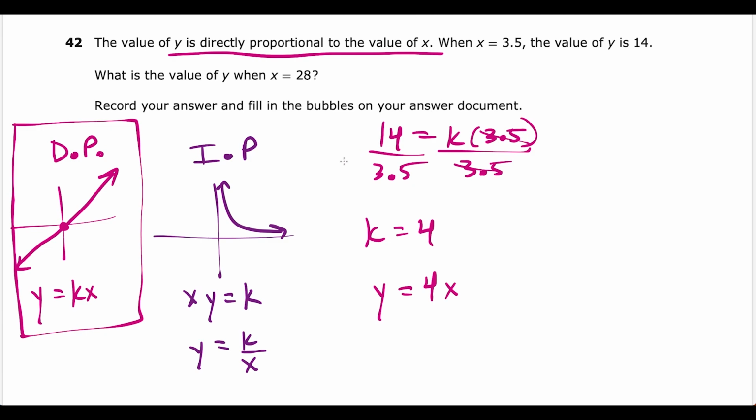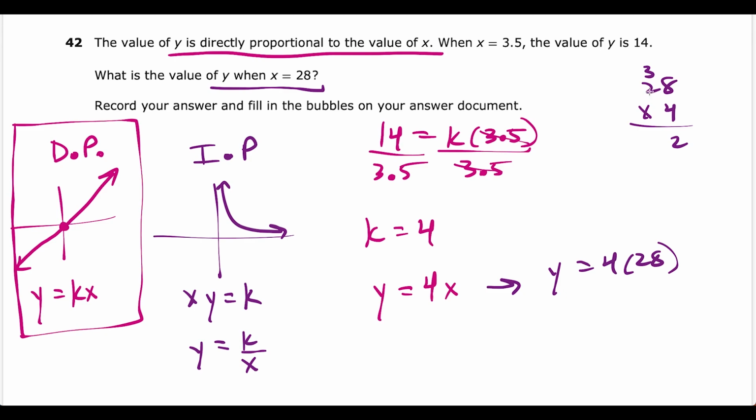And this is going to help us answer the question, what is the value of y when x is 28? Now we just plug in, y is equal to 4 times 28. If we work that out on the side here, 4 times 8 is 32, carry the 3, 4 times 2 is 8, plus 3 is 11. So y is going to be equal to 112.